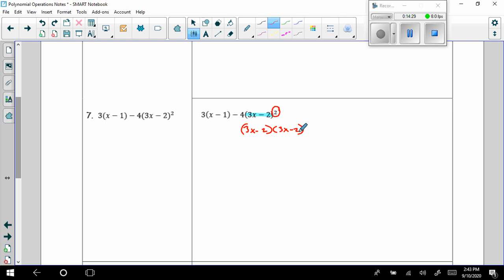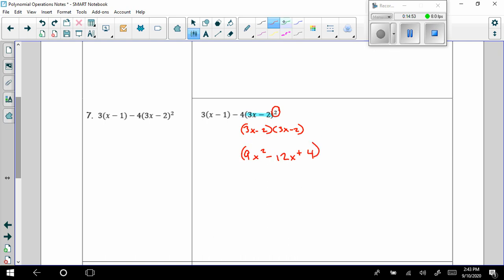Well, that's a perfect square trinomial. So if you follow your pattern, you have the first term squared minus, because we're subtracting, double the product. So 3 times 2 is 6 times 2 is 12 plus the second term squared.